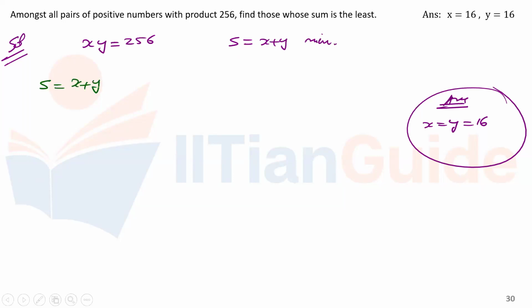For maxima minima, I need to differentiate S. I have two variables, x and y. I need to convert into one variable. So I'm writing x plus y, y I can write 256 by x. So S is x plus 256 by x. I have a single variable x. I can differentiate with respect to x. So I will calculate ds by dx and I will make it 0. I will get the answer.